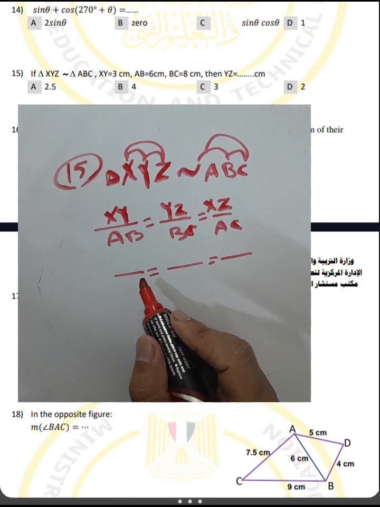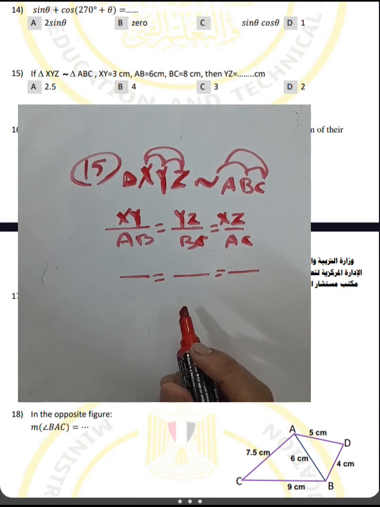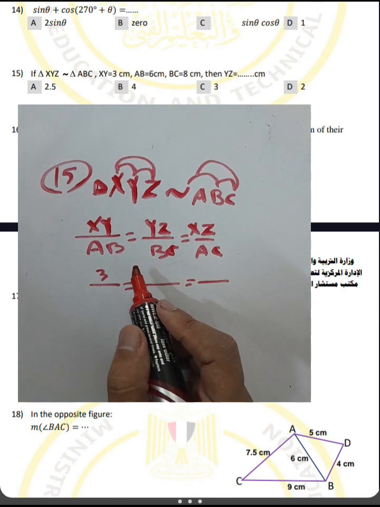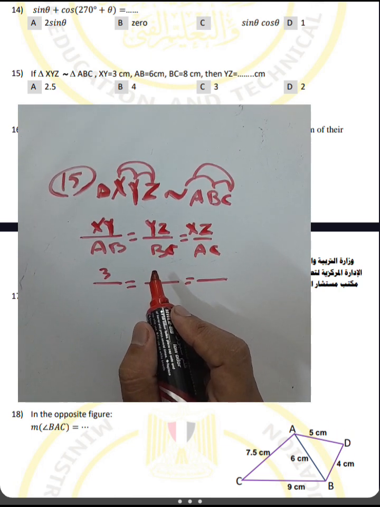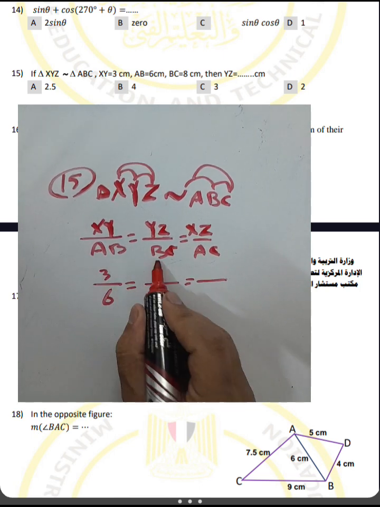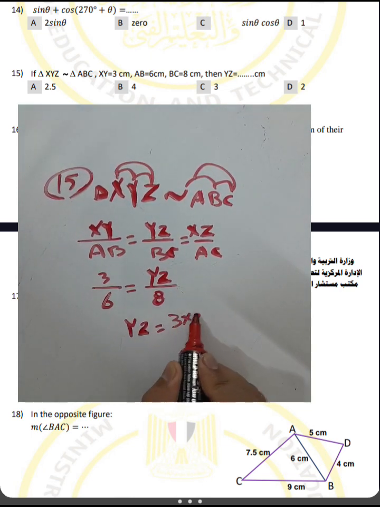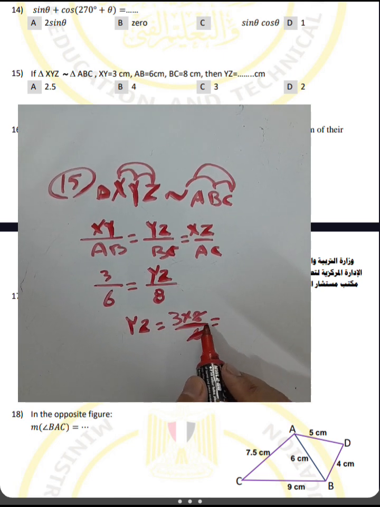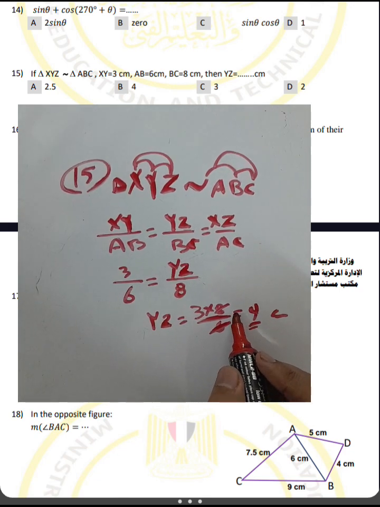They gave us AB is 6, XY is 3, and BC is 8 centimeters. Then we can find YZ: 3 times 8 divided by 6, 24 divided by 6 equals 4 centimeters. Choose letter B for question 15.